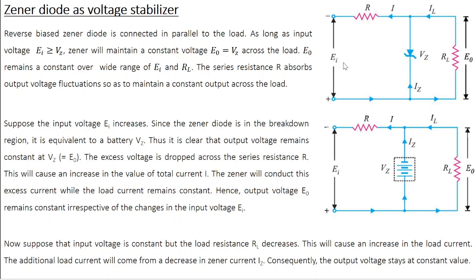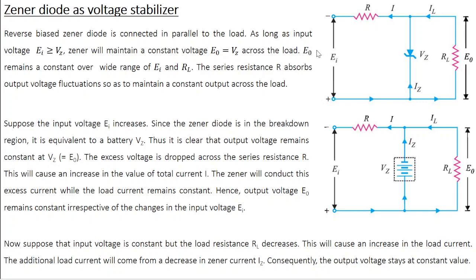If the reverse bias voltage EI is greater than VZ, then we know that the voltage across the diode is going to be constant at VZ. Since RL is parallel to the Zener diode, the same voltage is going to drop across RL too. So as long as EI is greater than VZ, the output voltage E0 is constant at VZ.